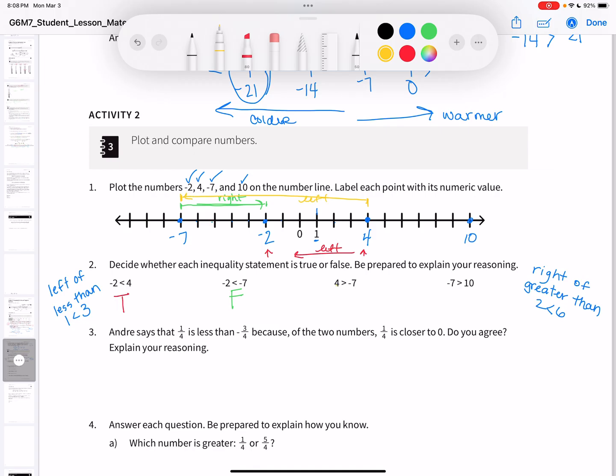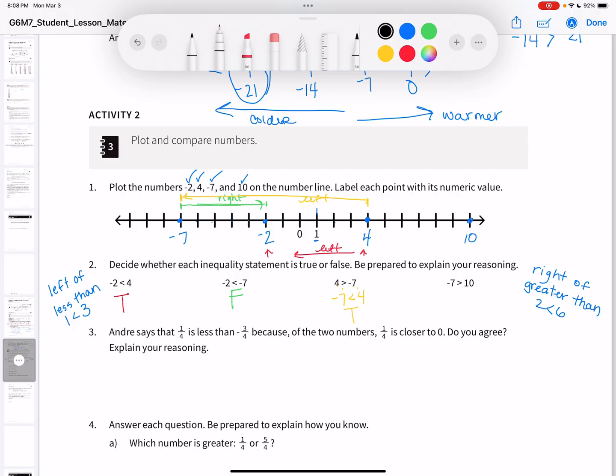So it says 4 is greater than negative 7, which we could also say negative 7 is less than 4. That's saying both the same thing. Is negative 7 to the left of 4? Yes, it is. So it is less than 4. So this is a true statement.